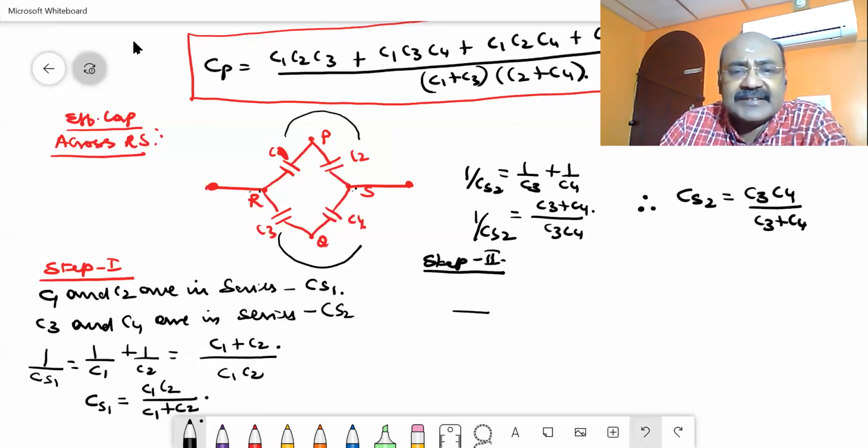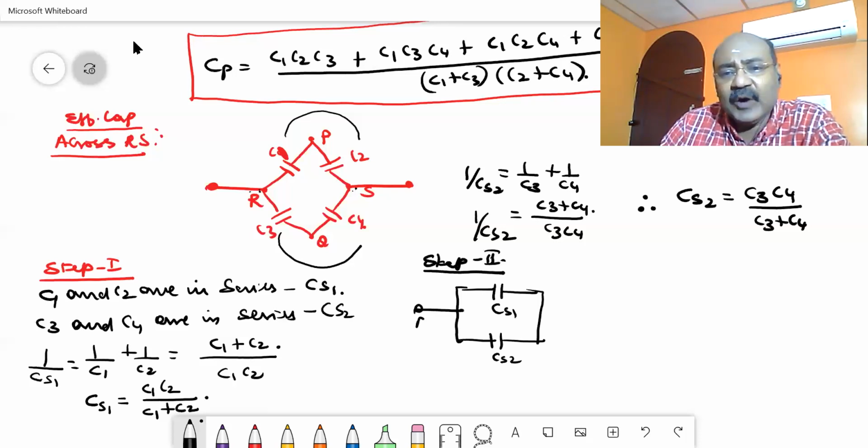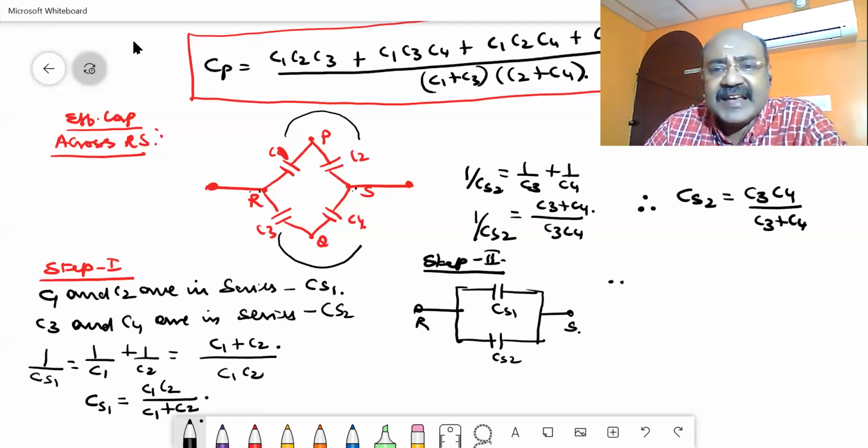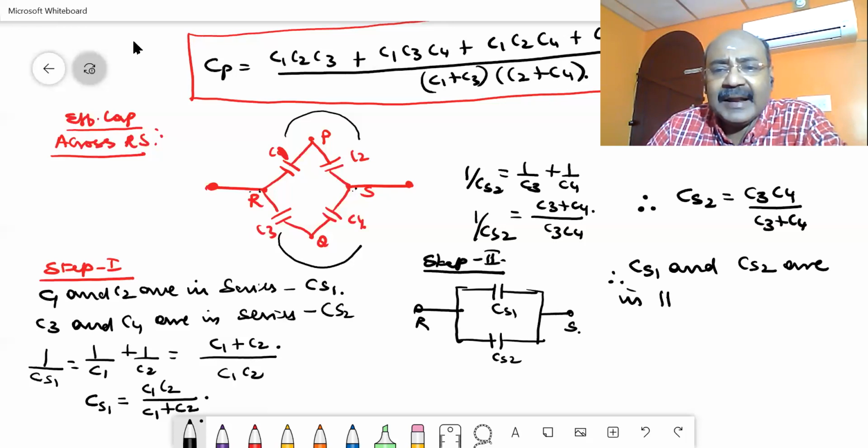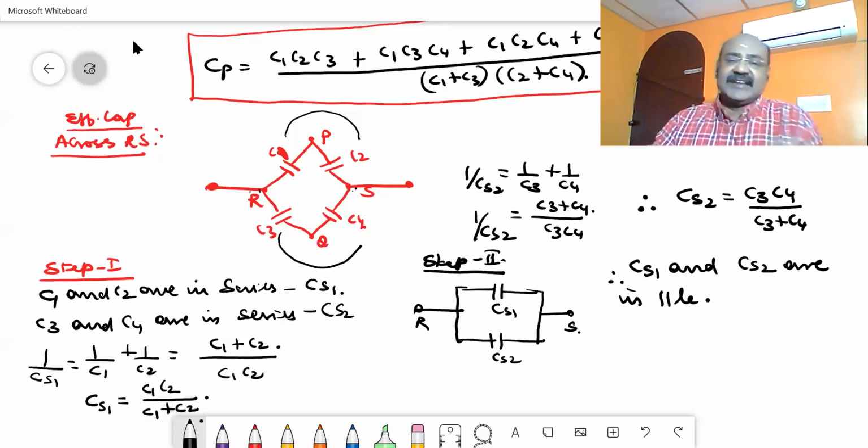We can draw it like this: this is CS1, and here let us consider CS2, and both are joined here. Here you have R and here you have S. Therefore, in step 2, CS1 and CS2 are in parallel. If CS1 and CS2 are in parallel, then I can calculate the effective capacitance.